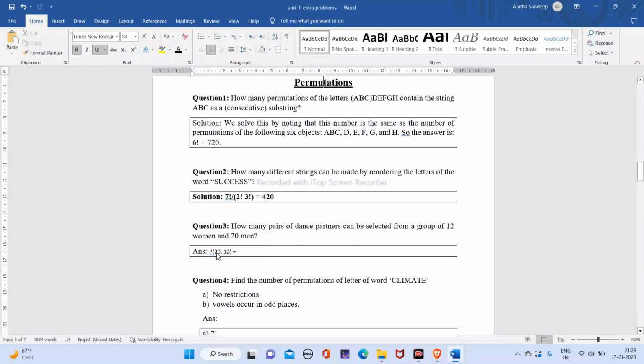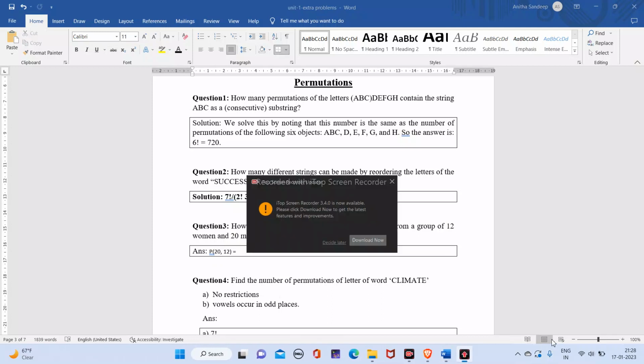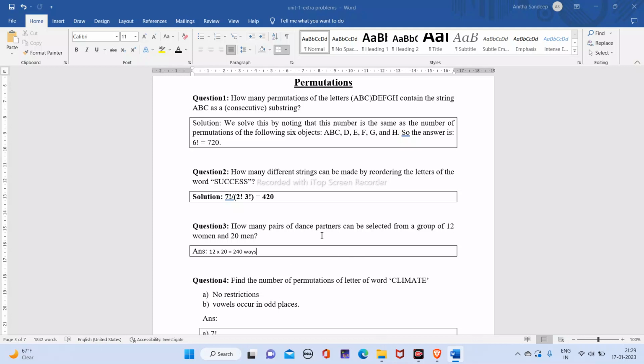So here the answer is, just a minute. Here it is not permutation, actually it should be the product rule, because one man and one woman can be selected from each group. So it is 12 into 20, that is 240 ways. Here it is a product rule, not the permutation.